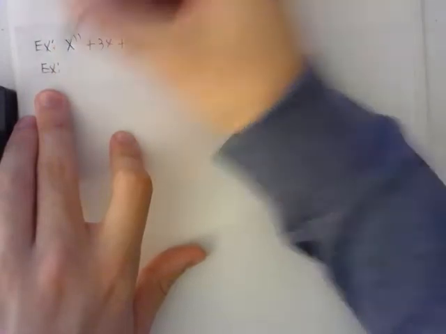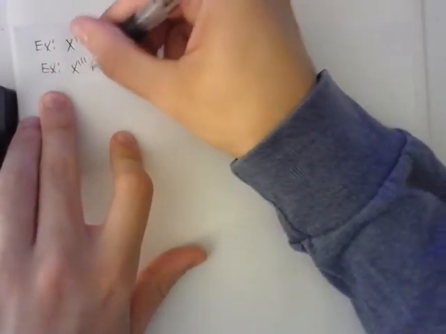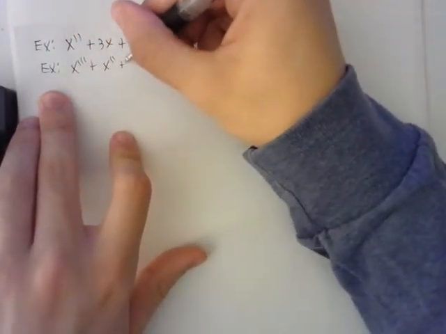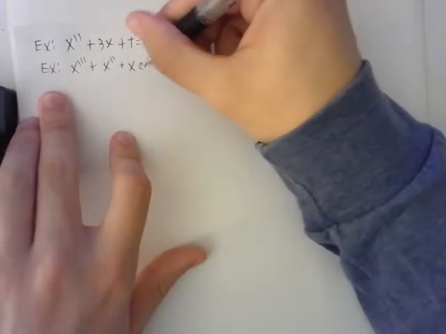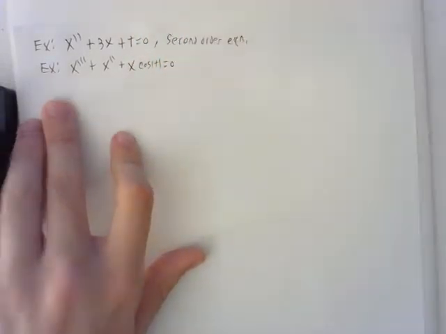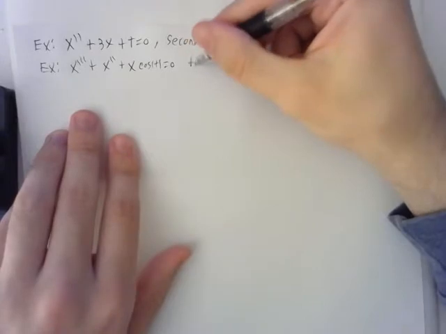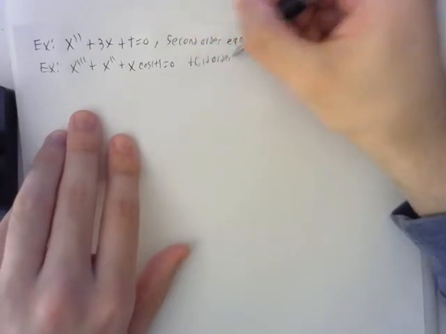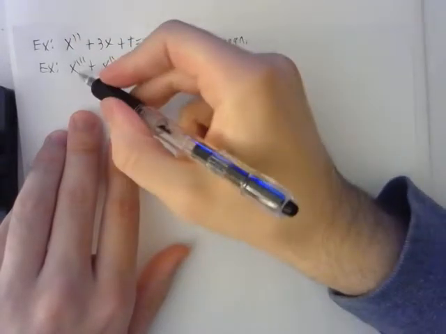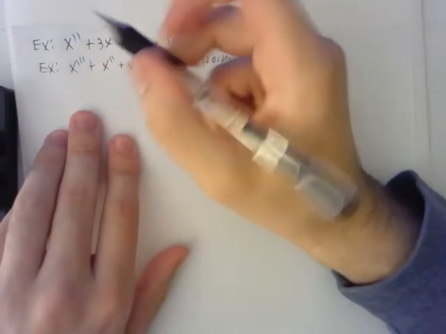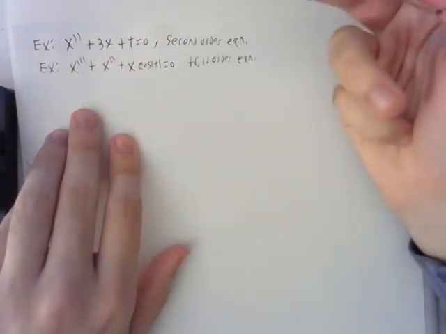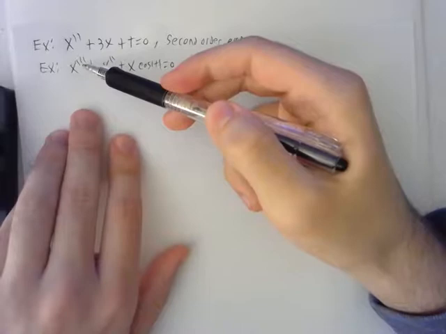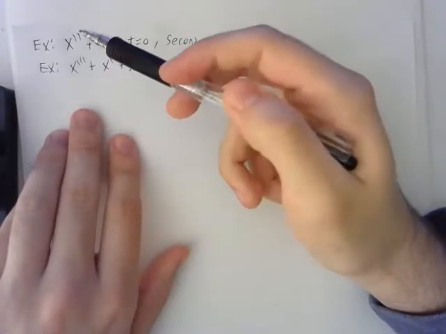You could also have something like x triple prime plus x double prime plus x cosine t equals 0. This would be a third order equation because we have a third derivative appearing in the equation. So in general, the order of equation is just the highest derivative that appears in the equation.